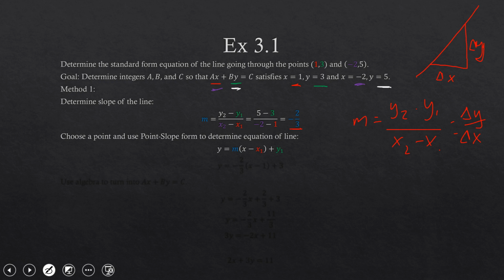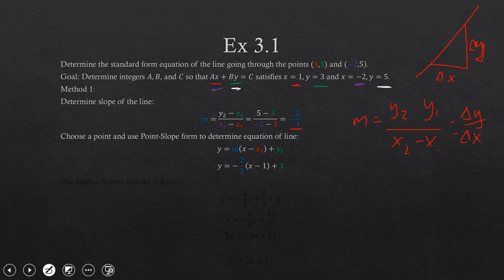So there's our point slope form, y equals m times (x minus x1) plus y1, and if you choose (1, 3), for example, then we're plugging 1 and 3 in for x1 and y1, and that's going to be our equation using that particular point.